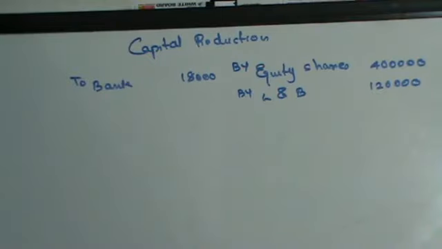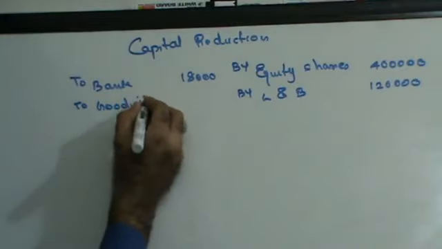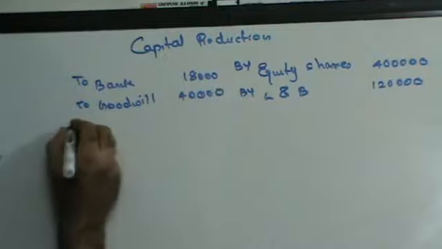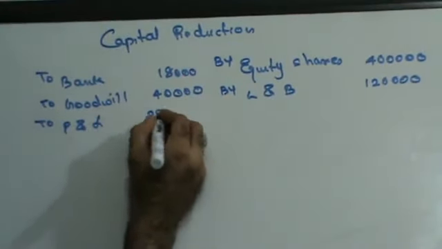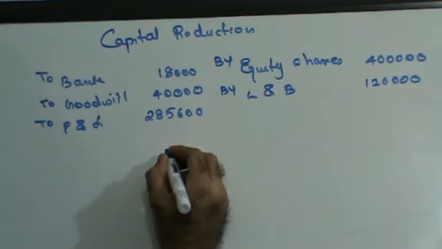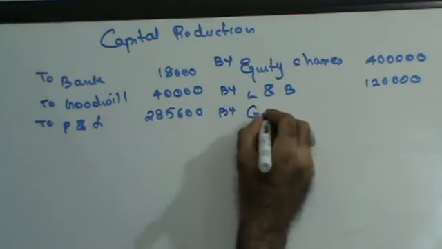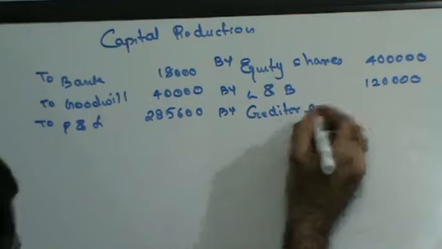Capital reduction on the debit side to goodwill is 40,000 and to P&L is 2,85,600. Next, capital reduction on the credit side by creditors. Creditors is 24,000.